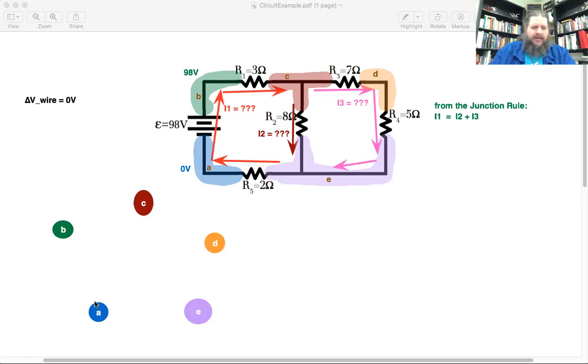So we could draw that in. And then we've also got the resistor 5, connecting node A and node E. So we could draw that in. And we should label those.